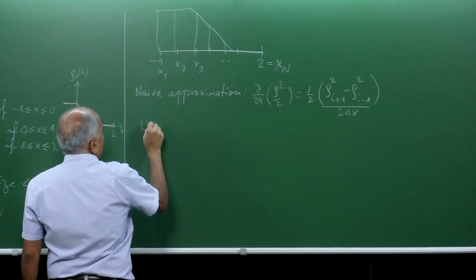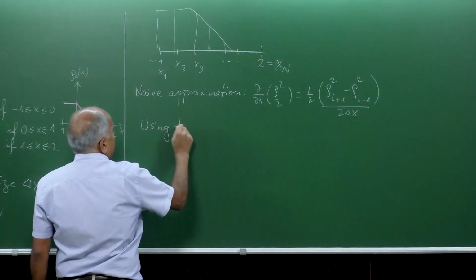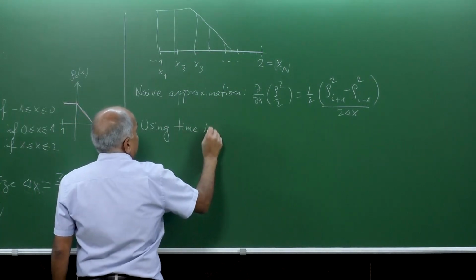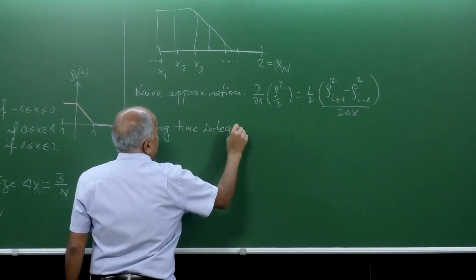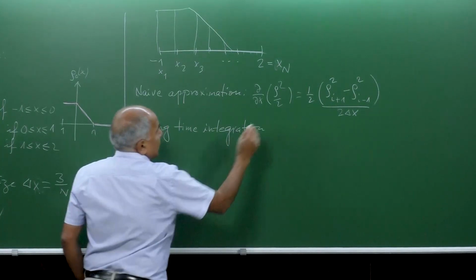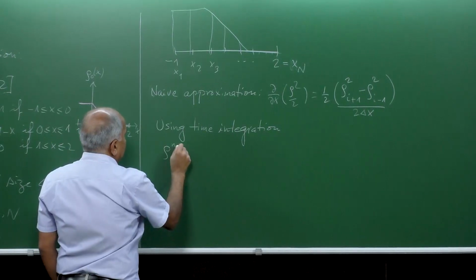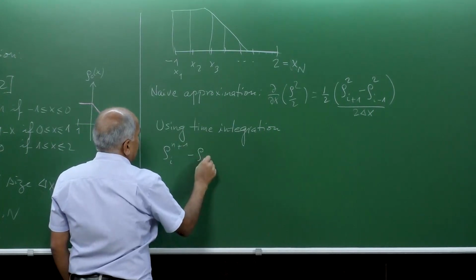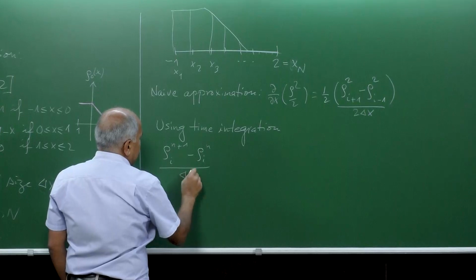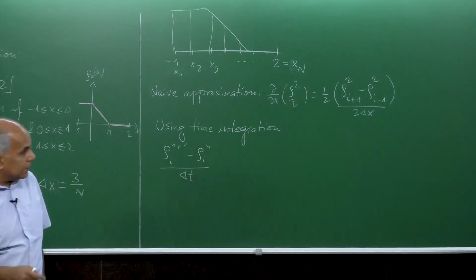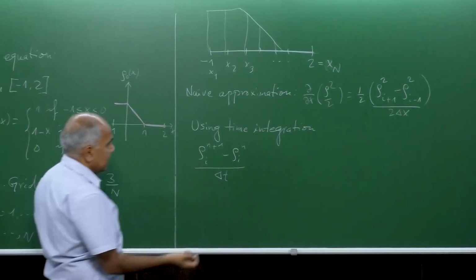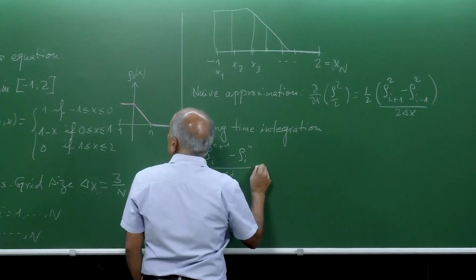The time integration: rho i at n plus 1 minus rho i at n, divided by delta t. It may be boring, but it will be repeating for you so that you can understand better.